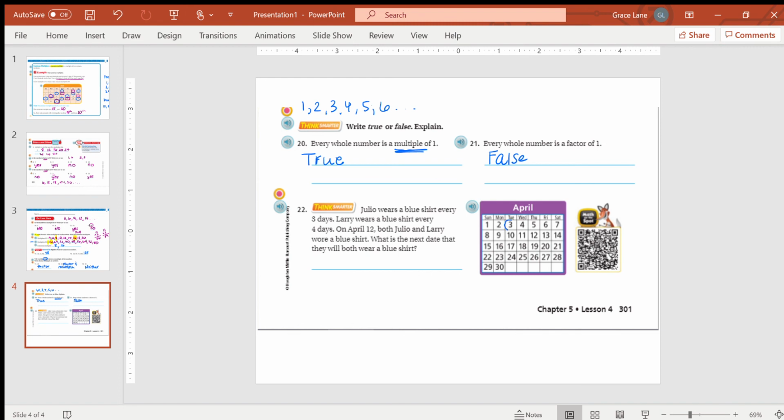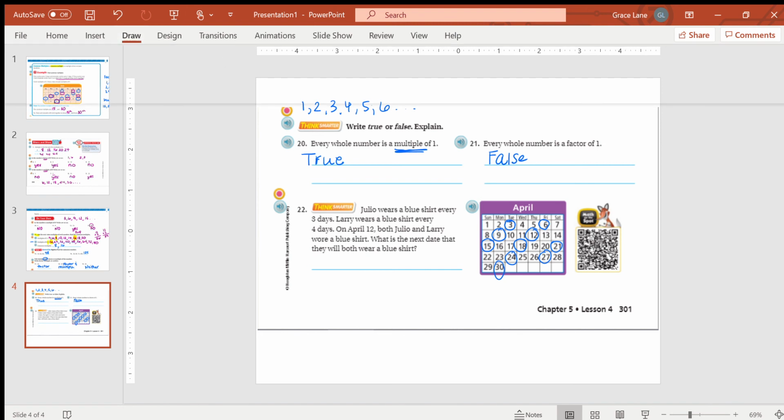Count by 3: 3, 6, 9, 12, 15, 18, 21, 24, 27, 30. All right, then it says Larry wears a blue shirt every 4 days. So now you're looking for multiples of 4.